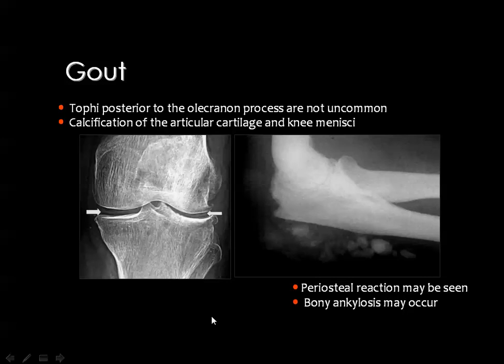The diagnosis of pseudogout depends mainly on the presence of cartilaginous calcification, but as I will mention, there are no bone erosions or calcified tophi.